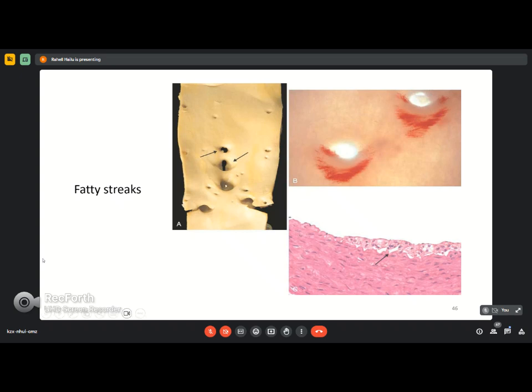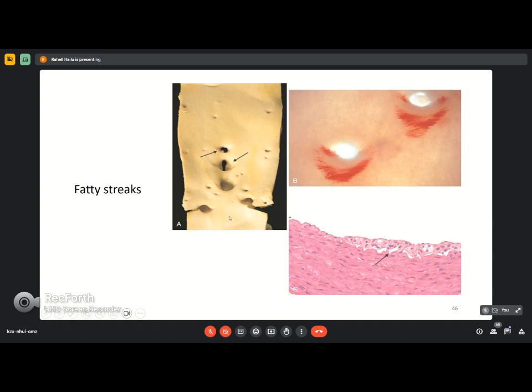This is one of the large arteries of the abdomen, I think. These are the ostia, where the branches come in. This is like a normal opening, but you see yellowish spots that sometimes coalesce, and the fatty streaks basically represent those macrophages that have engulfed lipid and are sitting in the intima.